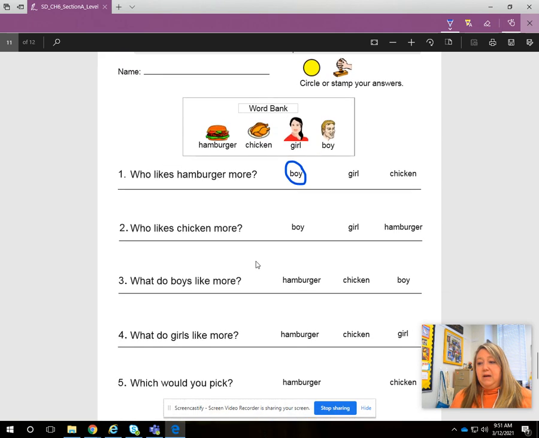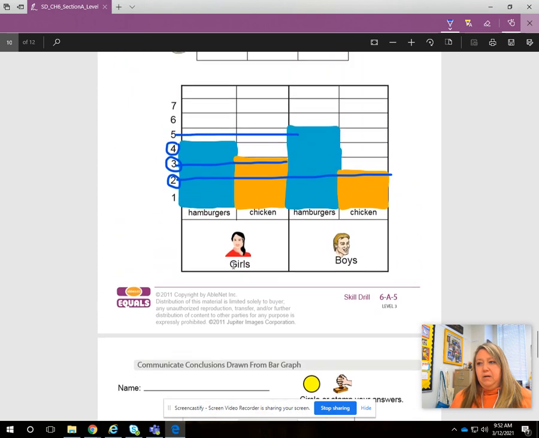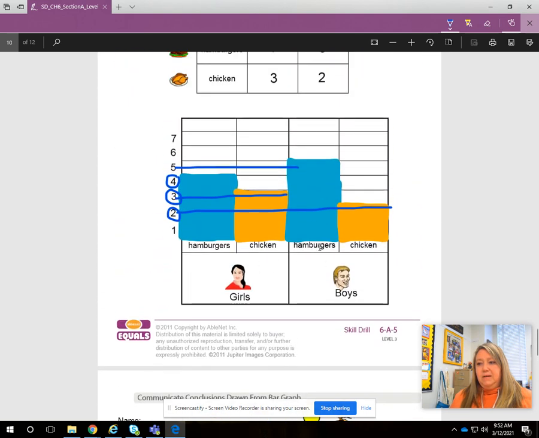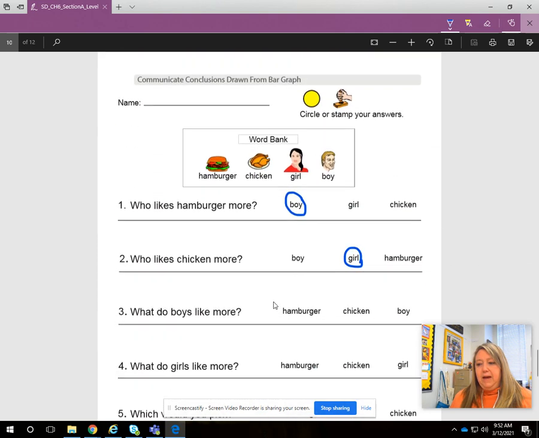So I'm going to come down and I'm going to circle girls. What do boys like more? Do they like hamburger or chicken? Well, let's look up here. We have boys. The hamburgers were all the way up to 5, but the chicken is only up to 2. So I do believe that boys like hamburgers the best.